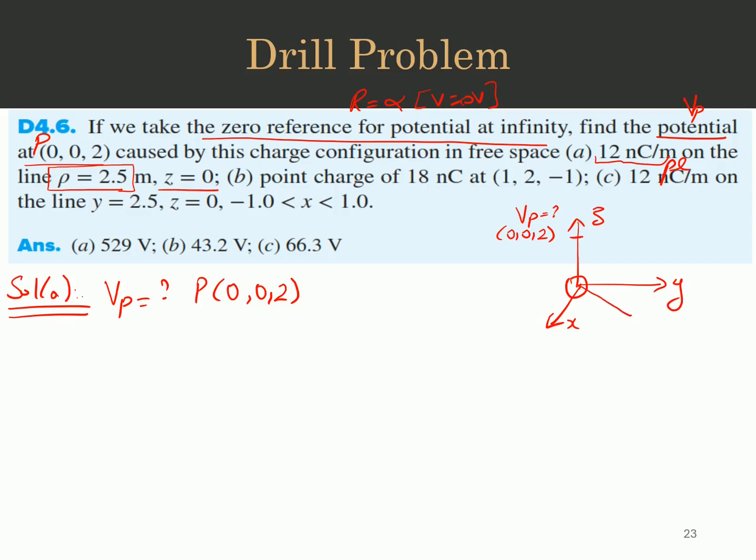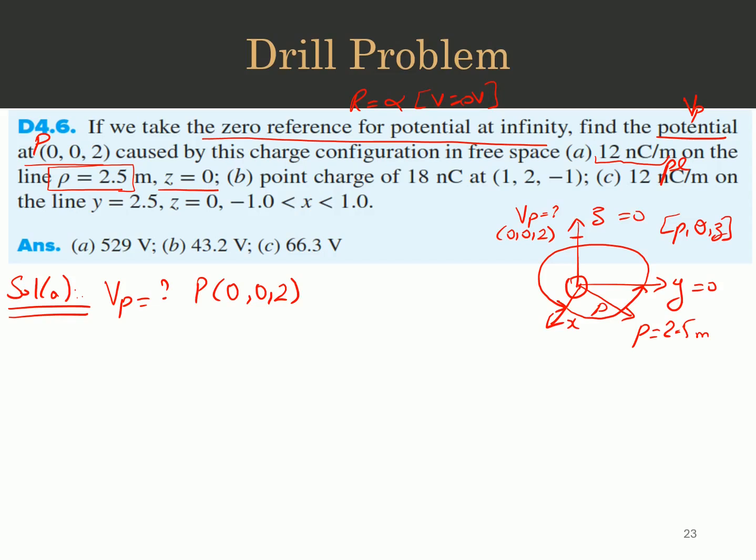This means that the value of rho, which is a radial value, will be something like this, because rho is always a movement from x to y. So this is moving in a circle, and the value of rho could cover all this circle. Currently it is at 2.5. So rho is equal to 2.5 meter, y is equal to 0, and in the first part z is also 0. So rho is basically moving and the rest of the values are constant in the cylindrical coordinate system, which is rho, theta, and z.